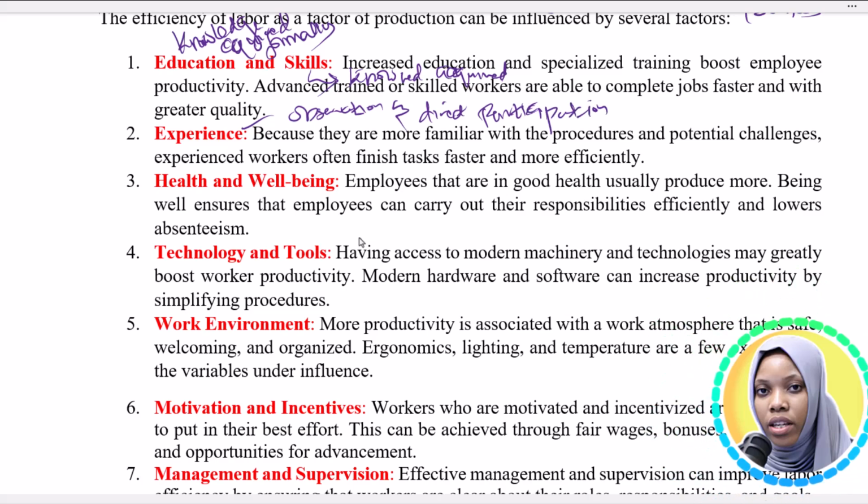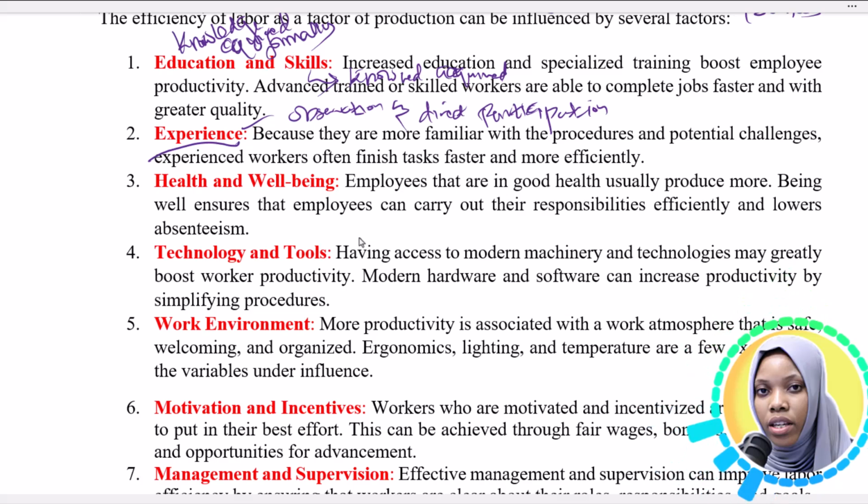When you observe and participate directly, then you're likely to get experience. And because of that, you will be familiar with the procedures and the potential challenges experienced. So as a worker, you are likely to finish tasks faster and more efficiently, unlike when you are unexperienced.